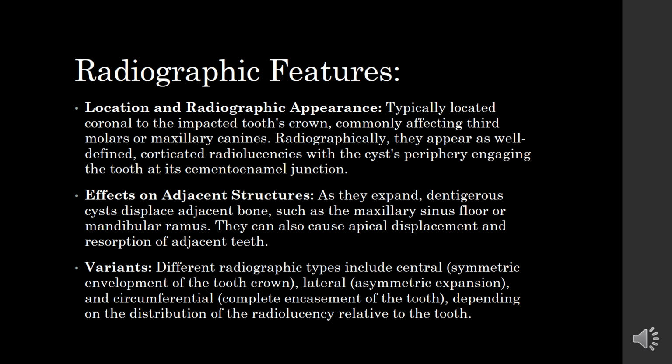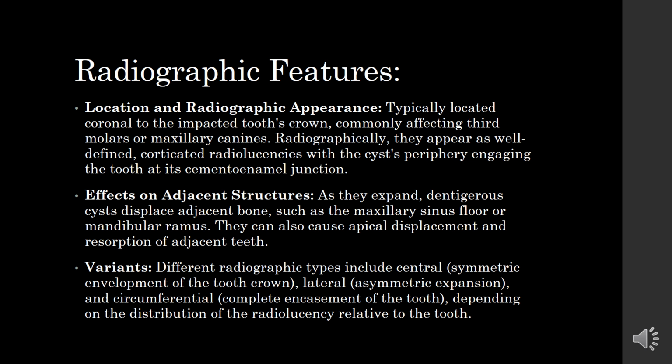Radiographic features. It is typically located coronal to the impacted tooth's crown, commonly affecting third molars or maxillary canines. Radiographically, they appear as well-defined corticated radiolucencies with the cyst's periphery engaging the tooth at its cemento-enamel junction. Effects on adjacent structures. As they expand, dentigerous cysts displace adjacent structures such as the maxillary sinus floor or mandibular ramus.